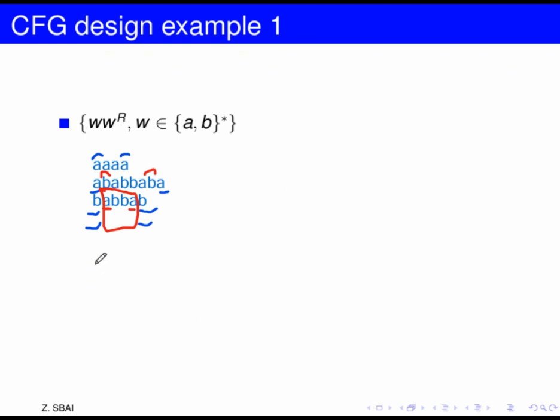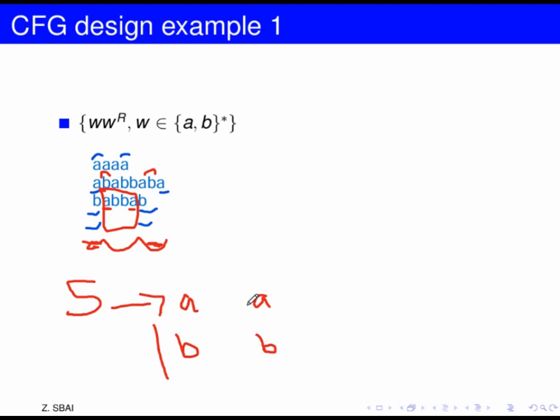And at every moment, we are decomposing the string into three parts, okay? Suppose that this is a string S. We will decompose it in three parts, where part 1 should equal part 3. So if it's an A here, at the last also we should find an A. If it's a B in the beginning, we should find a B at the end.